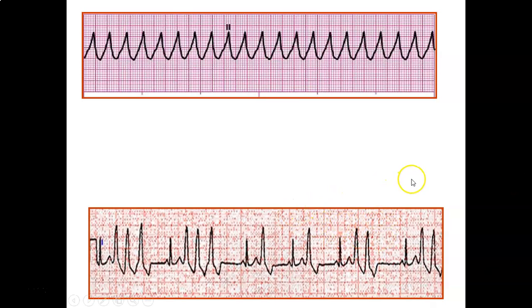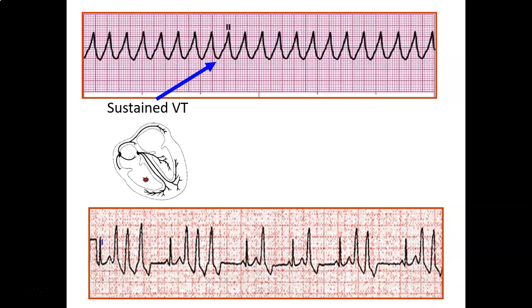Again, look at this one. If you look carefully, this is your monomorphic ventricular tachycardia, obviously. But if you see, it's persistent, it's sustained, it's continuous. It's called sustained ventricular tachycardia.